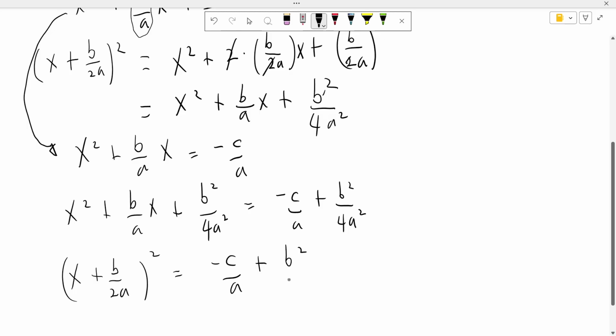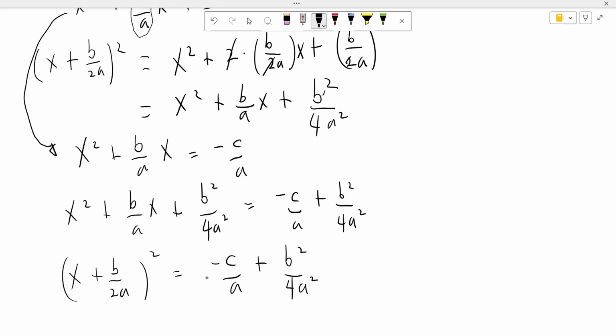Okay, so even now you can see that we have isolated x. Well, not isolated, but there's just one x. And we can solve for x, because remember, all these things, b, a, c, they are just numbers.